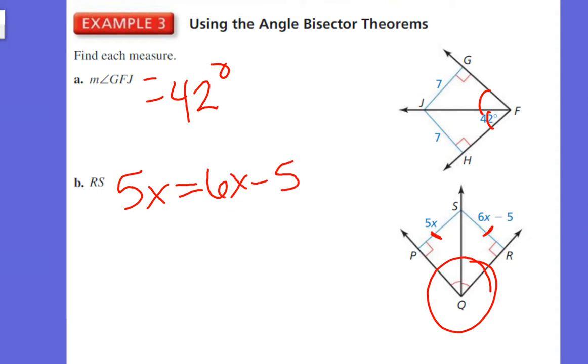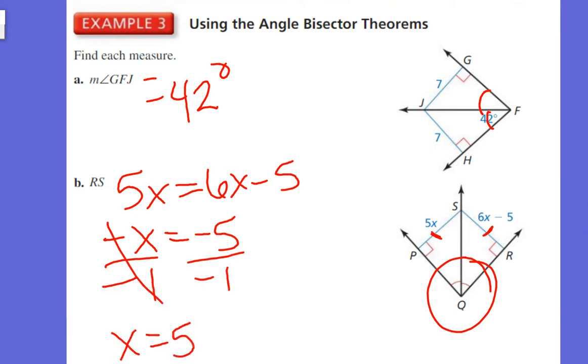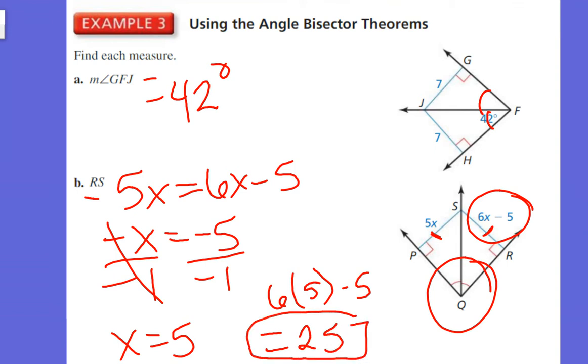Want to go ahead and subtract that 6x over, so we get negative x equals negative 5. We divide by negative 1, and x equals a positive 5. It wants to know what RS is, so we throw it back in and substitute into our equation. So 6 times 5 minus 5 looks a lot like 25 for the value of RS.